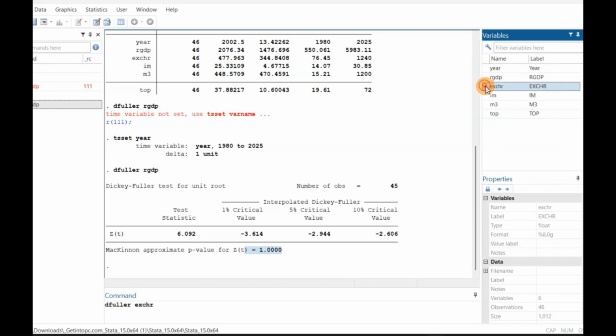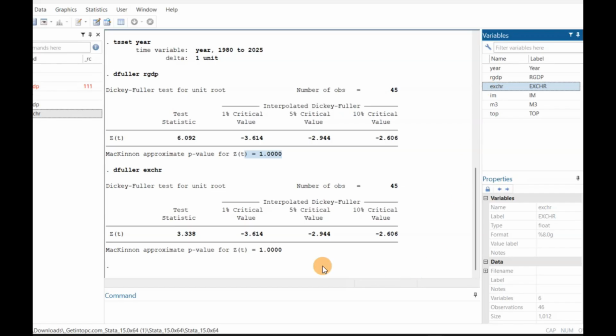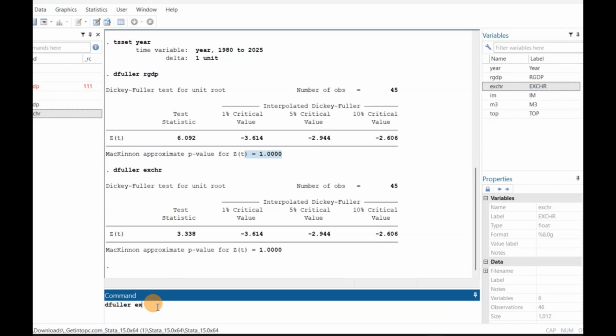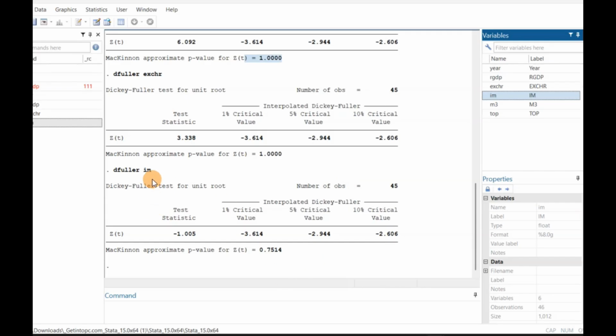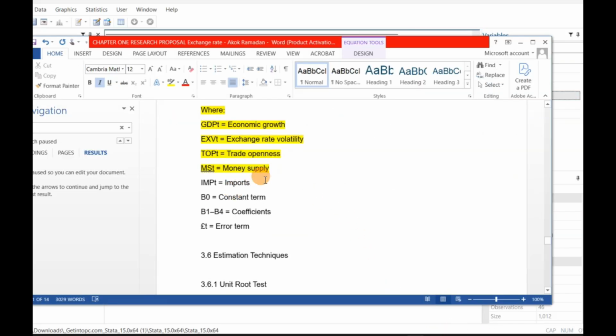Let us look at the exchange rate, not stationary also. Even the money supply, import, sorry, it's an import, yes, import.